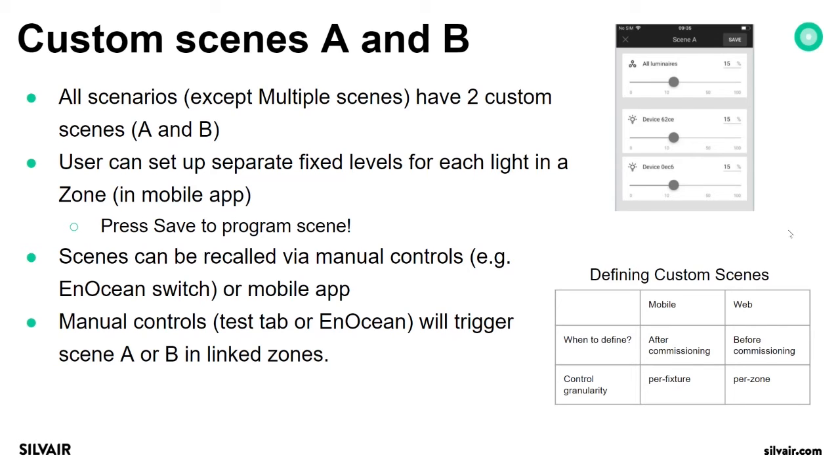So for custom scenes, it's best to define them before commissioning in the web app or after commissioning in the mobile app. And also understand these custom scenes and options: in the web app they are per zone, but per fixture in the mobile app.